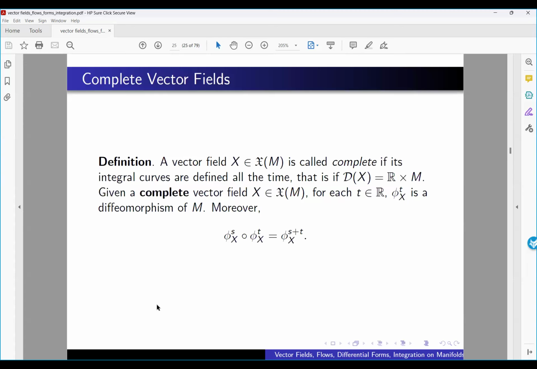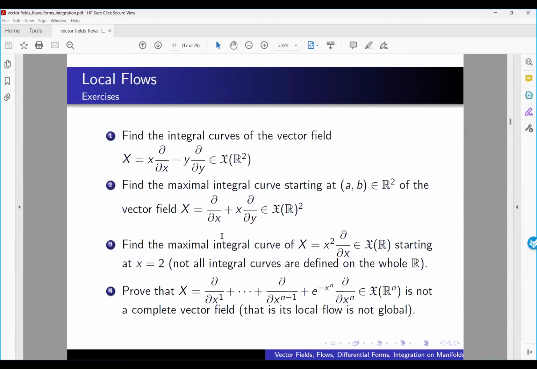Now, as I said, a vector field is called complete if the integral curves are defined all the time. So if the domain for every gamma that you've seen in the previous example is the whole R. And now, what is this phi t? So I'm defining it here.